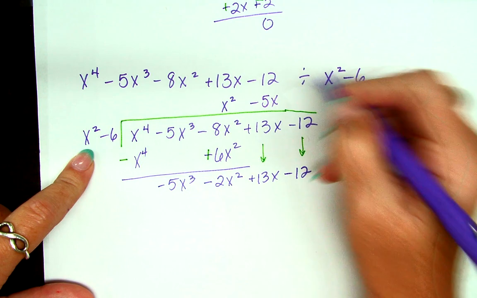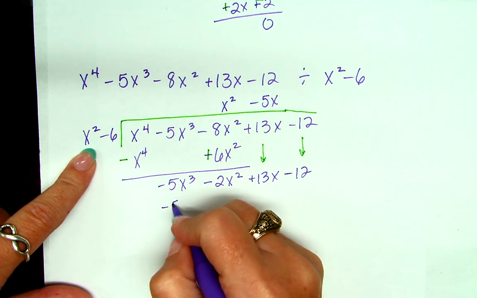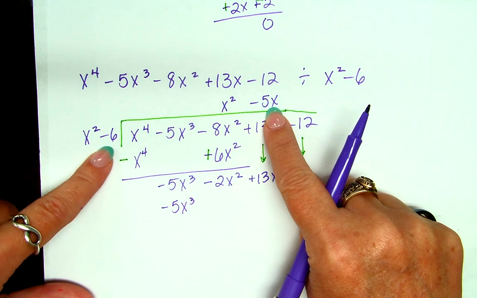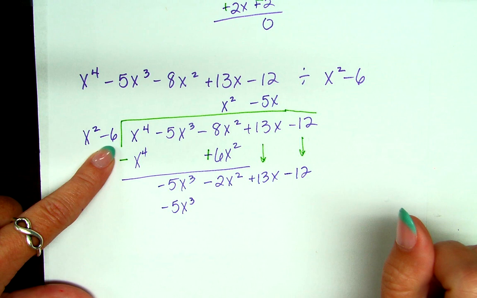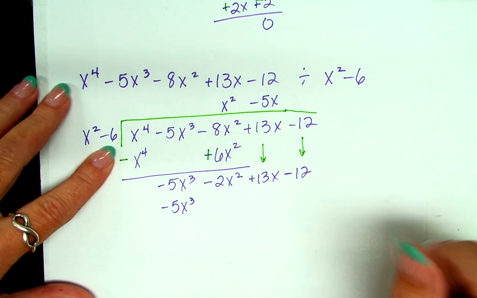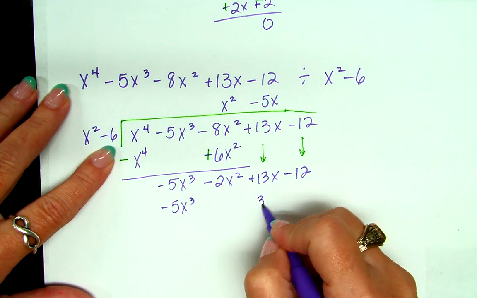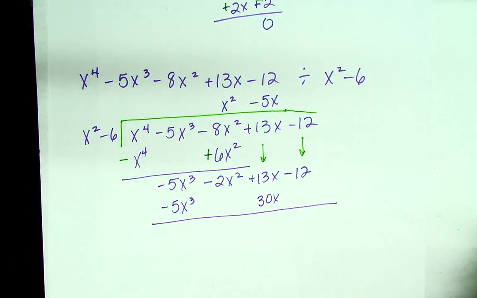So negative 5x times x squared. Negative 5x cubed. Negative 5x times negative 6. Positive 30x, right? Where does that go? Under the like term, so under the x term. And now?